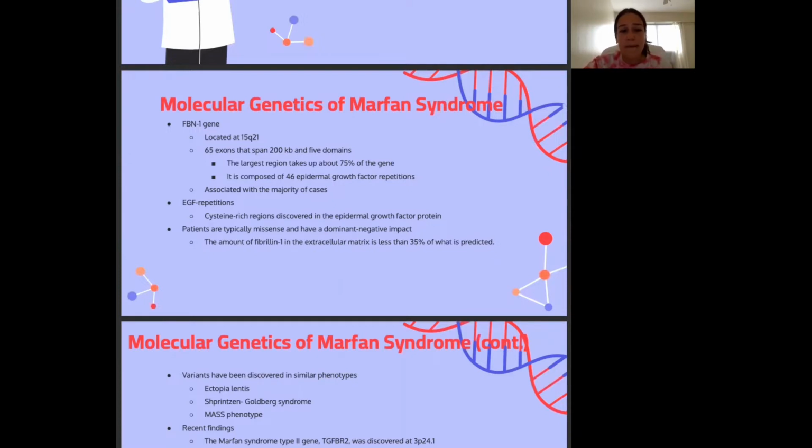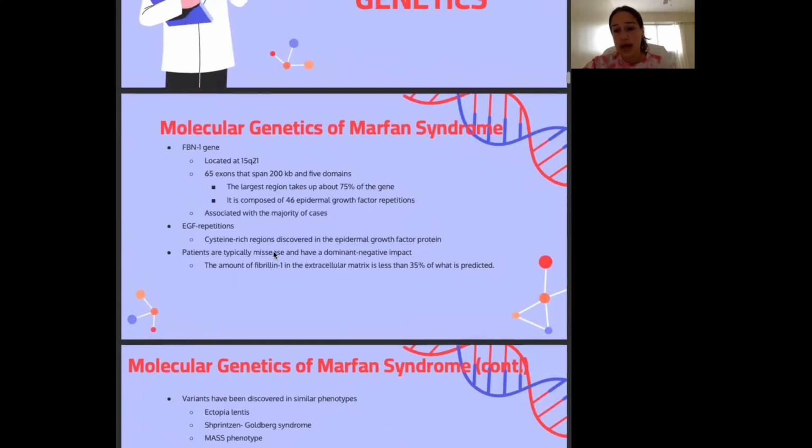Therefore, a different amino acid is substituted in the resulting protein, and they have a dominant negative effect, meaning a mutation develops that causes a gene product to have a negative impact on a wild type gene product, which is also known as a gene in its natural form. And the amount of fibrillin 1 in the extracellular matrix is found to be less than 35% of what is predicted.